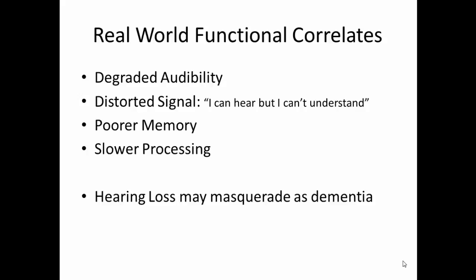And then finally, I want you to think about how hearing loss and some of these other functional correlates may masquerade as dementia. There's a few examples in the emerging literature that show that patients that have been diagnosed with one type of dementia or another form of dementia may in fact have a hearing loss that makes it difficult to really ferret out the degree of cognitive difficulty. So there's a real interconnectedness here that we have to appreciate when we work clinically with these folks.